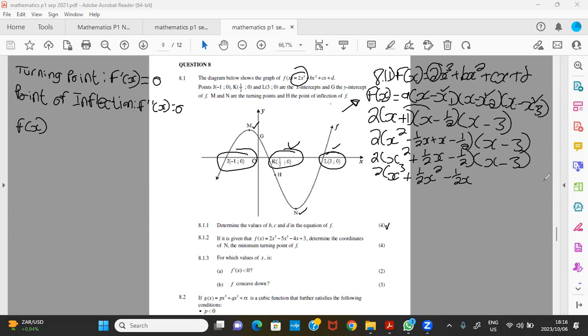So that's my first part. Then I'm going to have negative 3 times x squared, that's minus 3x squared. And then negative 3 times half x, that's going to be negative 3 over 2x. And then negative 3 multiplied by negative half, that's going to be positive 3 over 2.